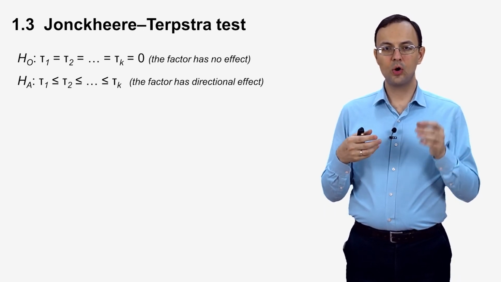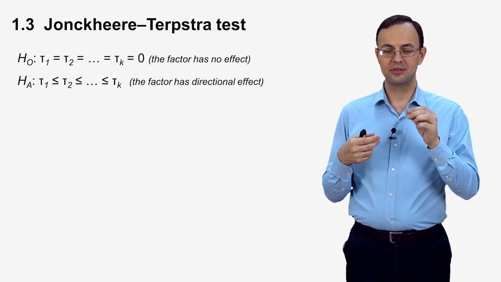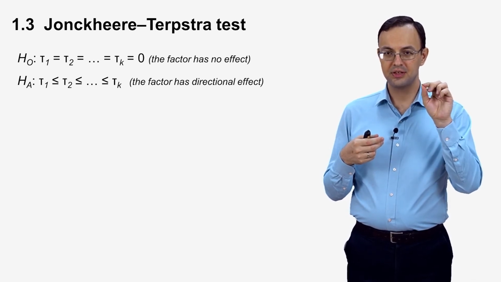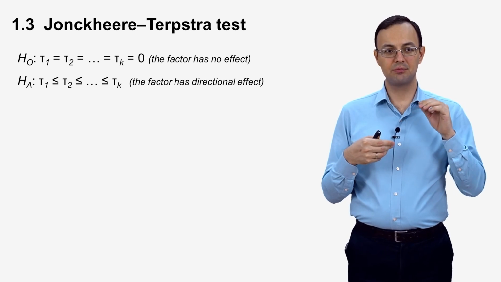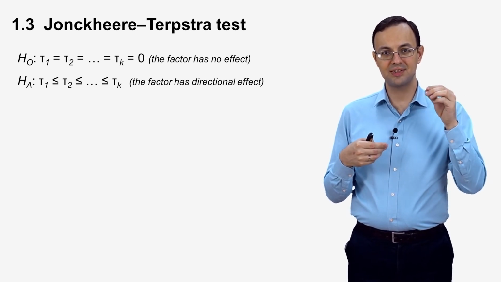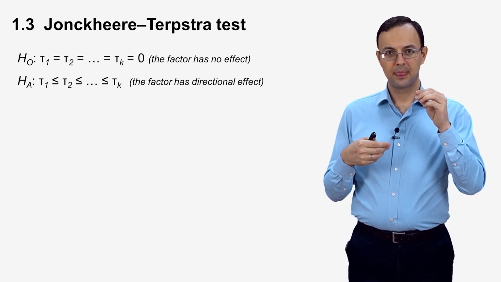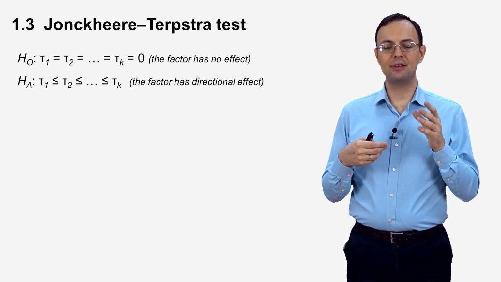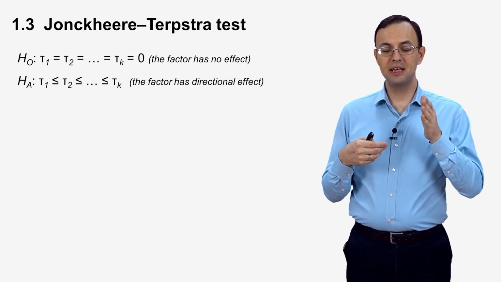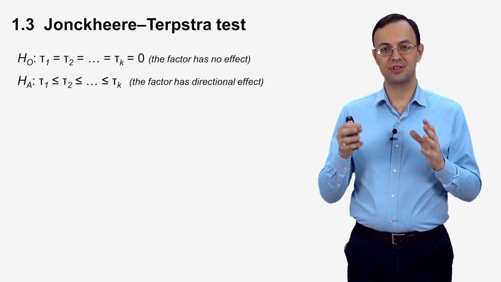So we can order factor levels like primary, secondary, higher, and we think that the response value is increasing. So the mean response values for different factor levels can be ordered somehow.